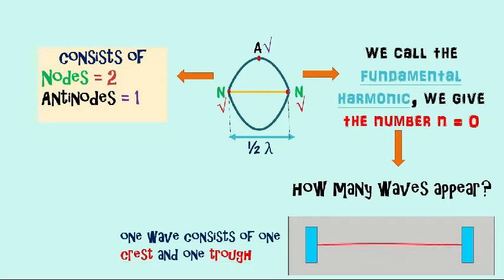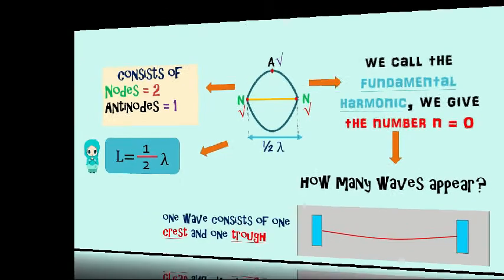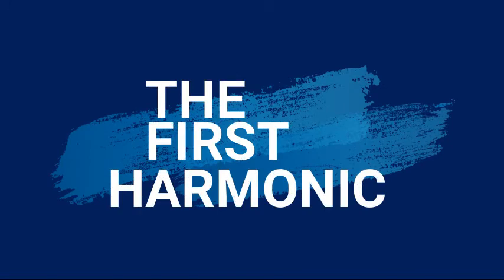So the fundamental harmonic along the string is L equal to 1/2 lambda. The first harmonic.